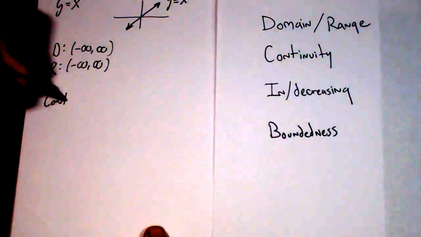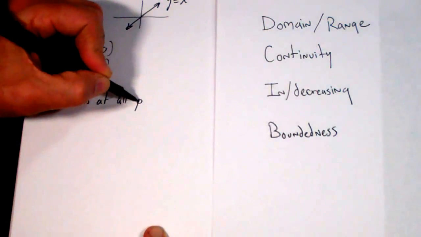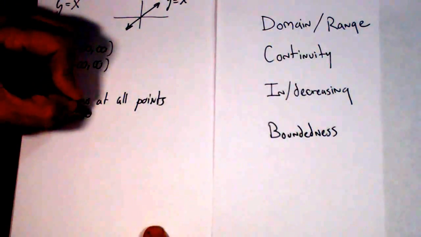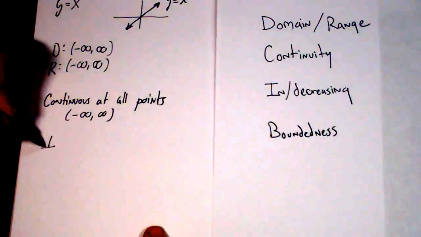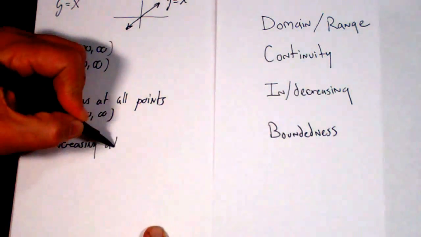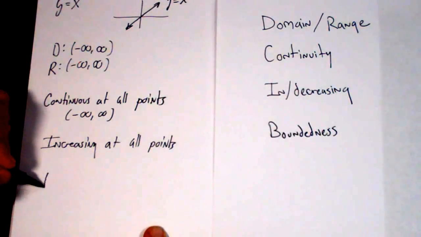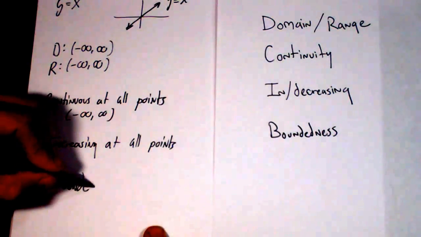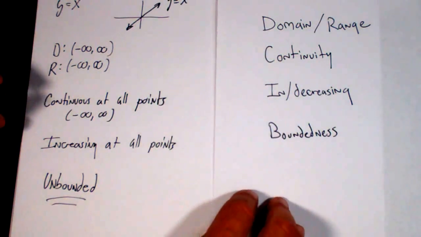Continuity: it is continuous at all points, or in interval notation, continuous from minus infinity to infinity. Increasing and decreasing: it's increasing at all points. And it's unbounded. Boundedness has to do with whether or not there ever reaches some max or min, and it never does, so it's unbounded. So those are your first 4 properties.